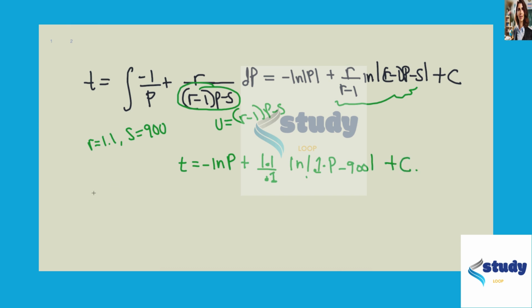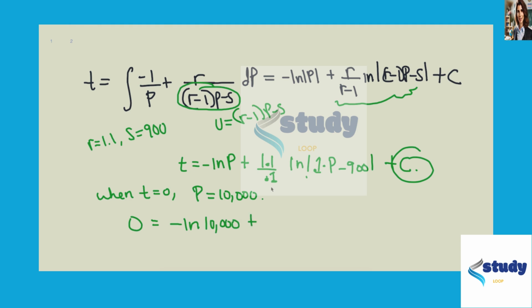Now also, we are given that when t equals 0, p is 10,000. So we can use this information to find C. So plugging in t equals 0 onto the left-hand side, we have a 0 here. And then on the right, negative ln 10,000.